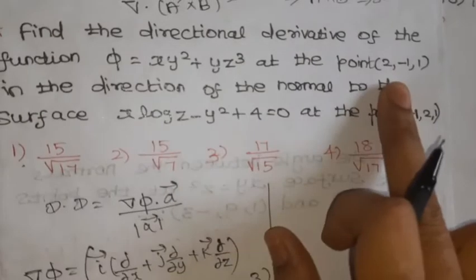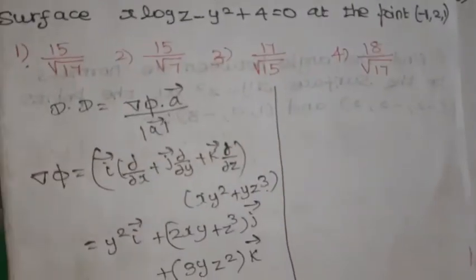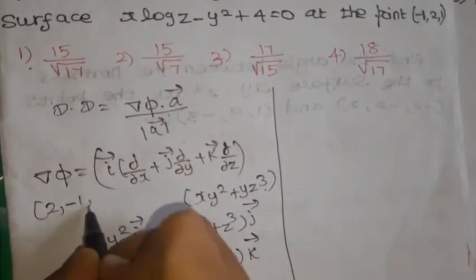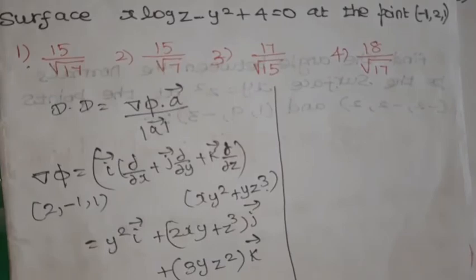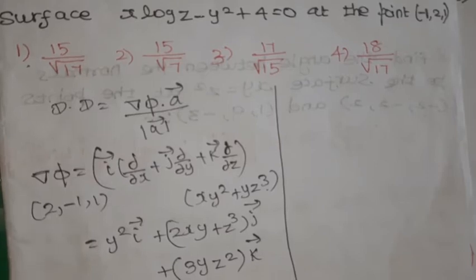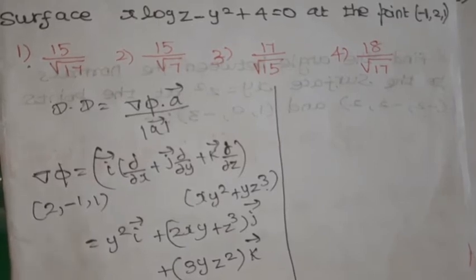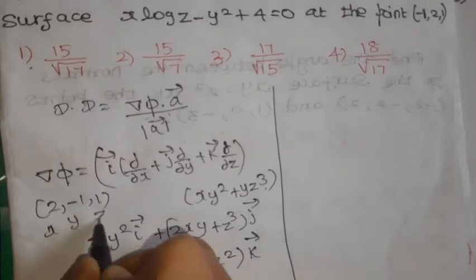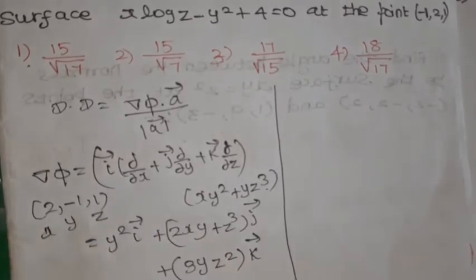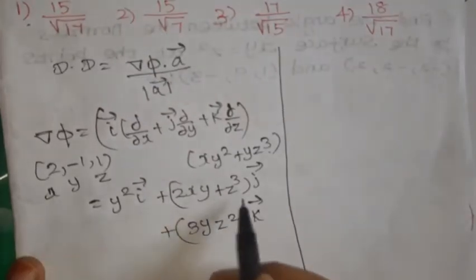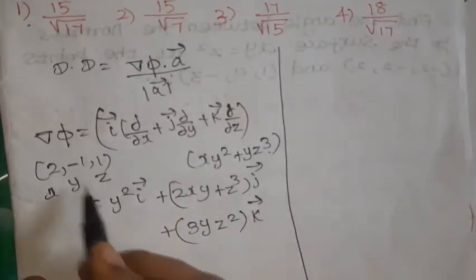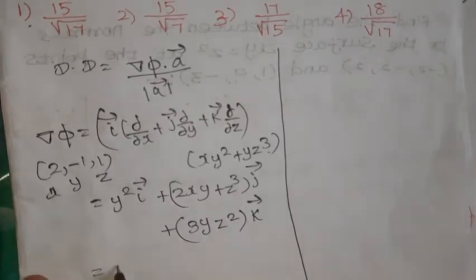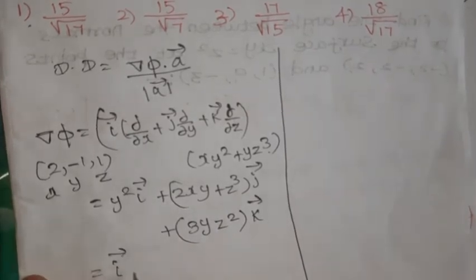Then what is the point given? 2, minus 1, 1. Del phi at this point 2, minus 1, 1 means x, y, z. Substitute the x, y, z values in this equation. y equal to minus 1 squared, we will get 1, so I vector.